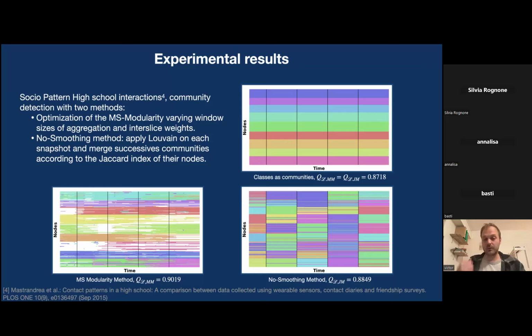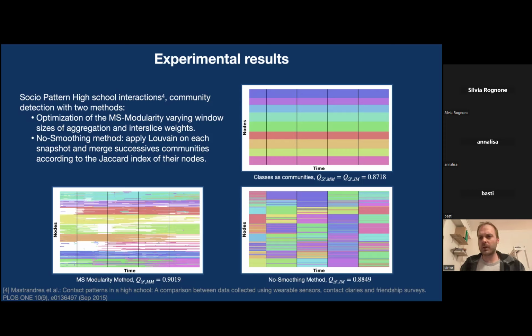So this is what the best communities look like on the bottom of the slide. On the left, it is the best community structure according to the mean membership modularity. And it is given by the multi-slice modularity method.